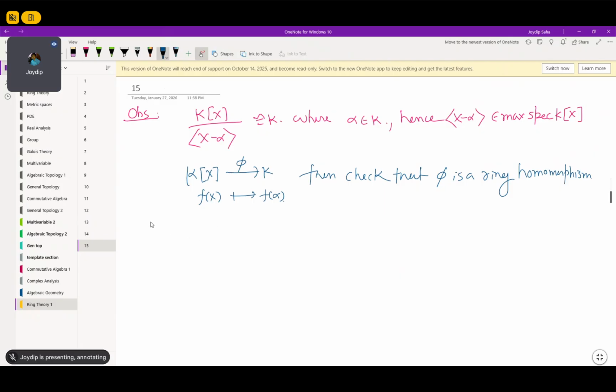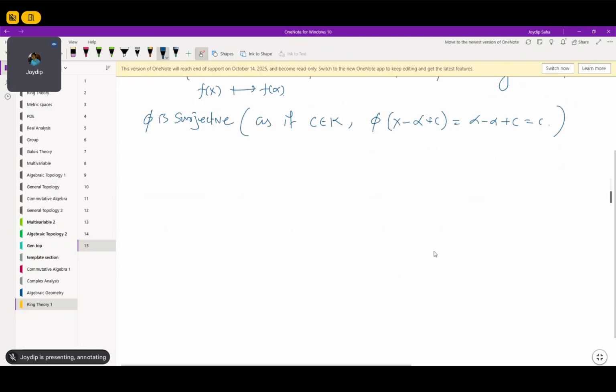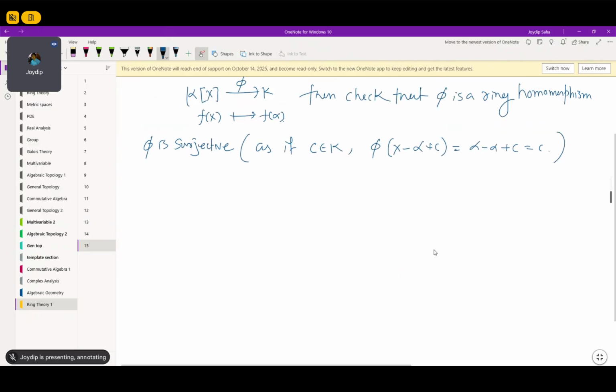Is phi surjective? If c belongs to k, phi of (x minus alpha plus c) equals alpha minus alpha plus c equals c. So x minus alpha plus c is a preimage, phi is surjective. So what is the kernel?